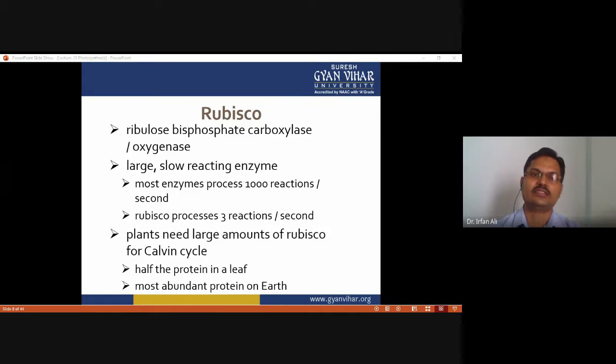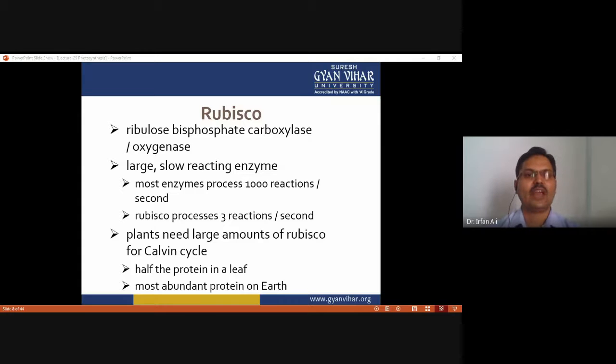Because this enzyme has affinity with carbon dioxide, and at that time the name given is ribulose bisphosphate carboxylase, and this enzyme also has affinity with oxygen, and at that time the name given is ribulose bisphosphate oxygenase.